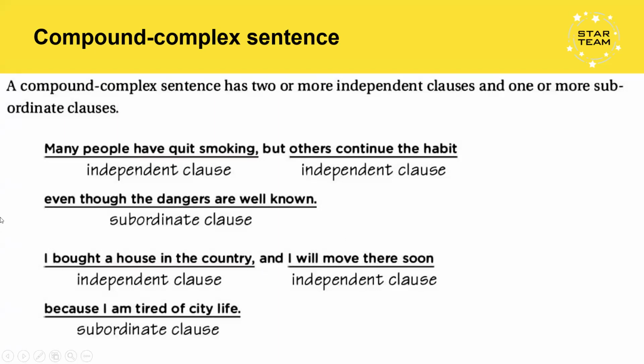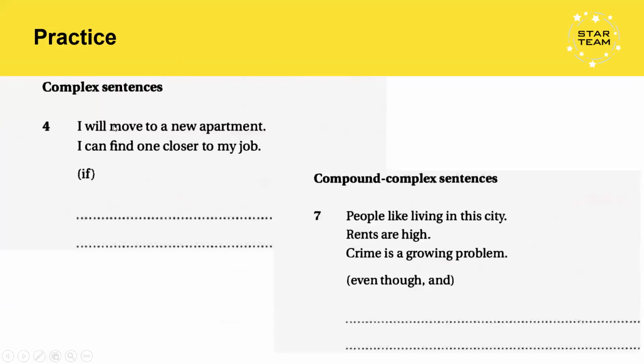So, do you have any ideas? Could you please make up your own examples? Like, I will move to a new apartment. I can find one closer to my job. Please write with if.